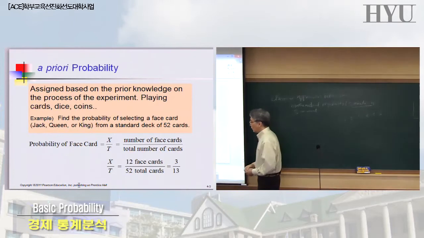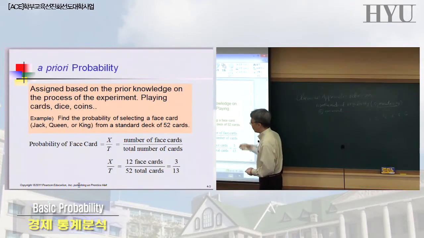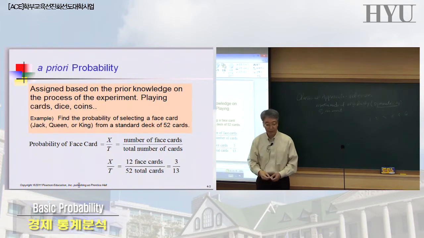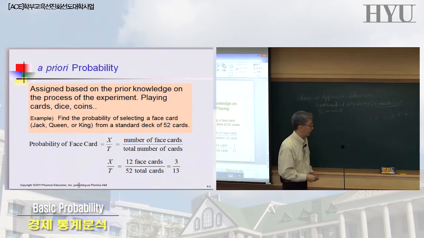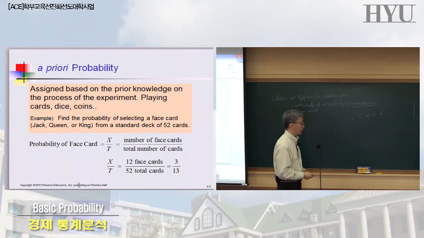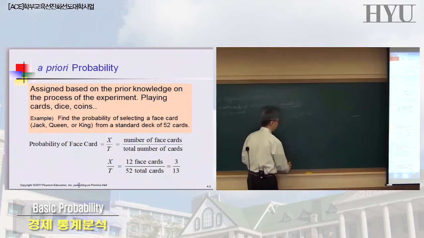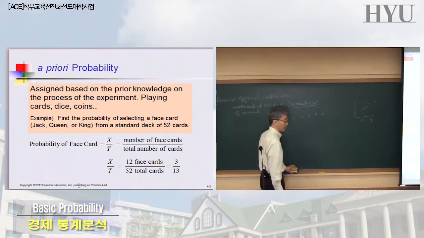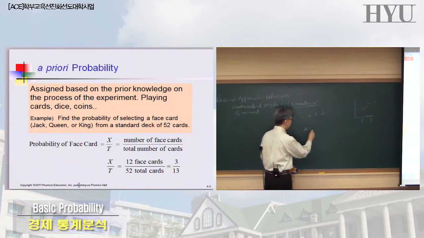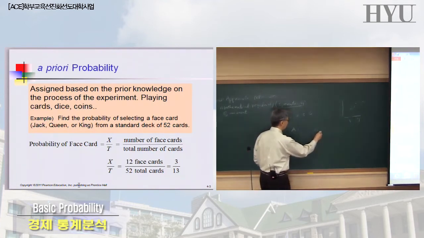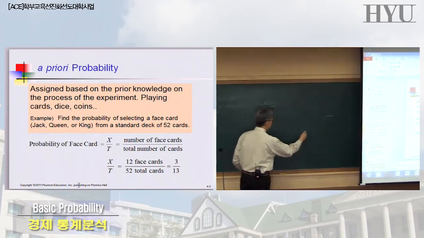An example here is the probability of selecting a face card. Well, we're going to use playing cards as a tool in this class many times. So let me introduce them, just in case you have never played cards. They go from Ace, 1 through 10, and Jack, Queen, King.